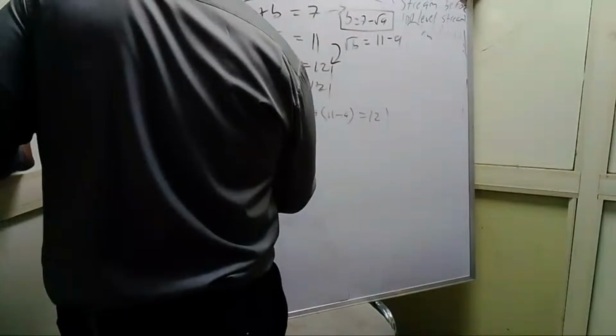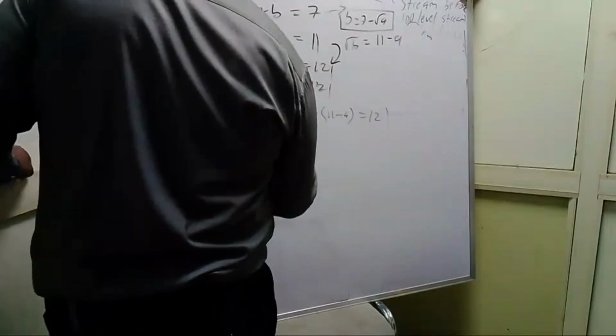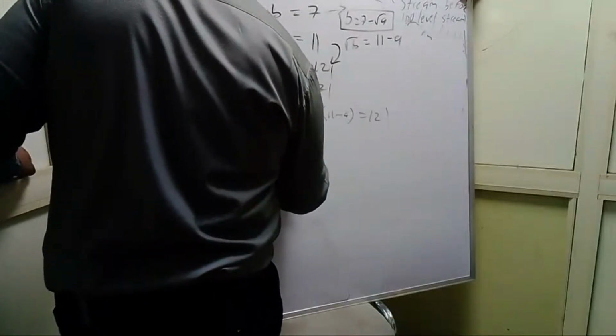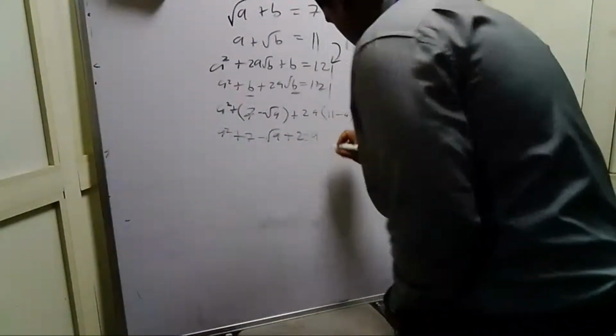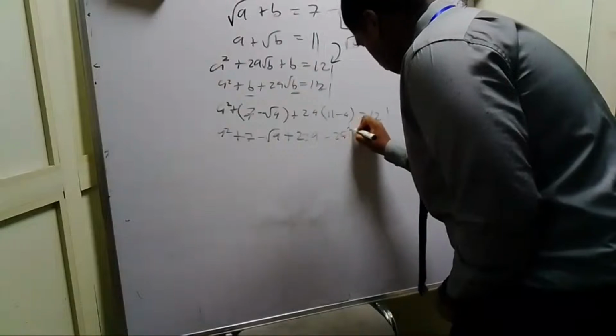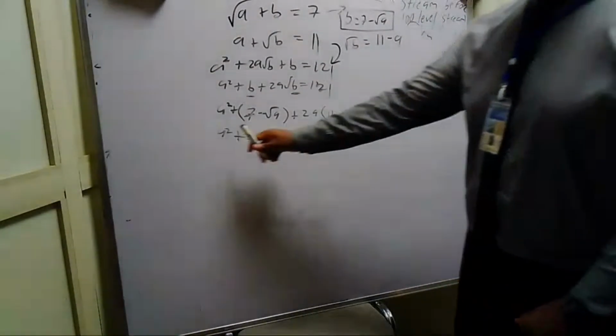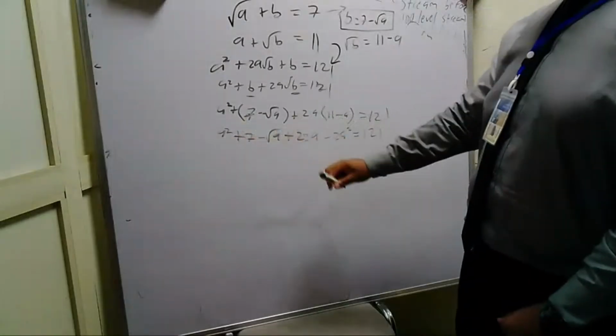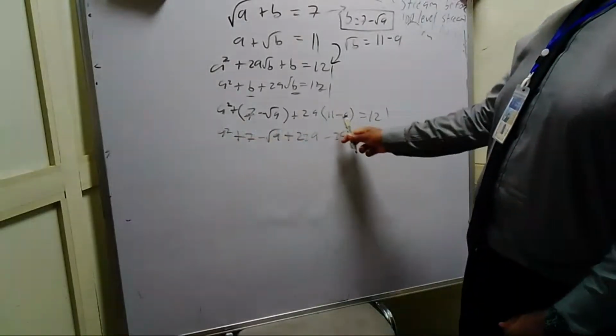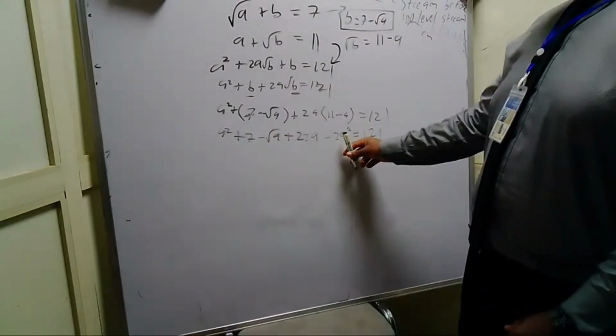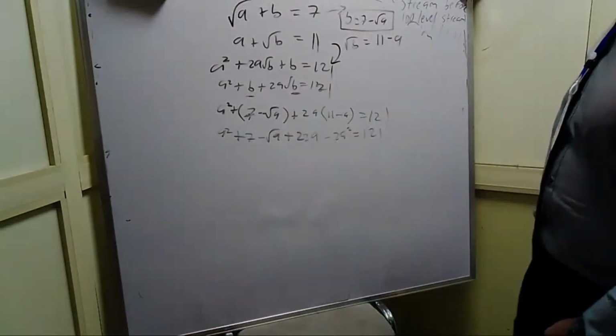So that is a squared plus 7 minus root a plus 22a minus 2a squared is equal to 121. Let me confirm.